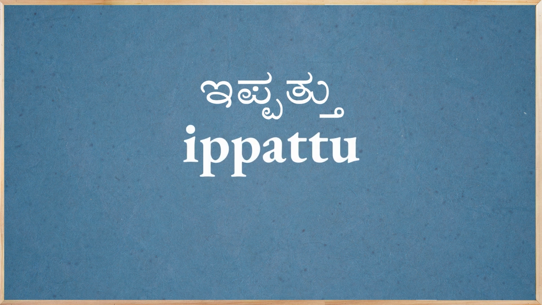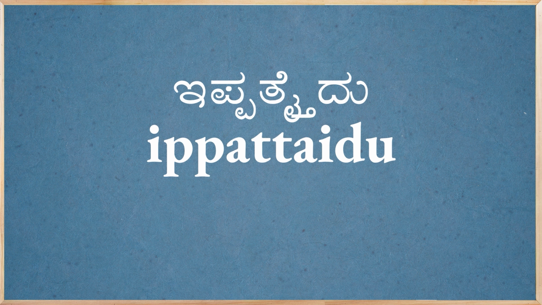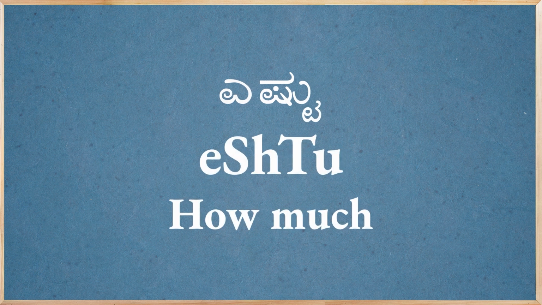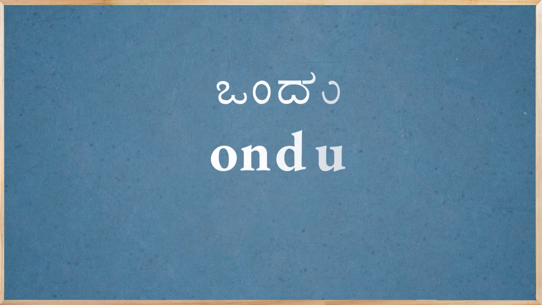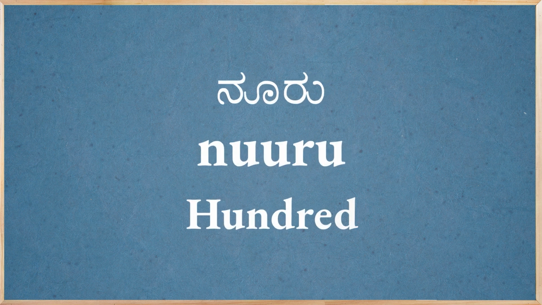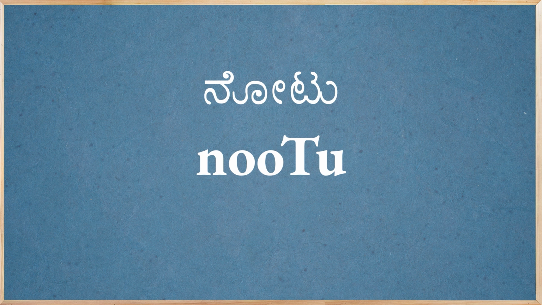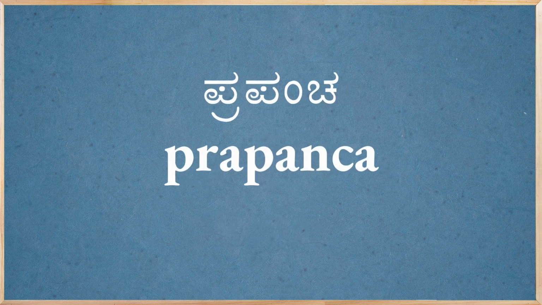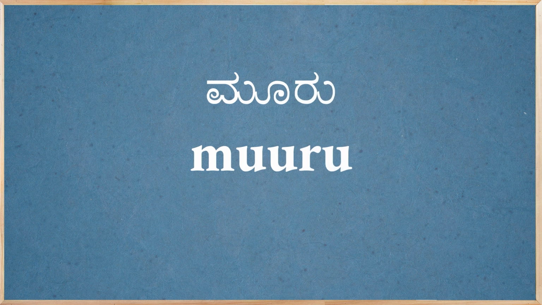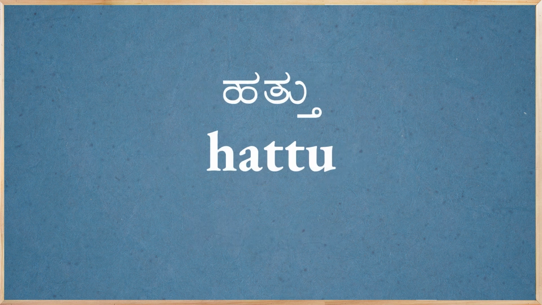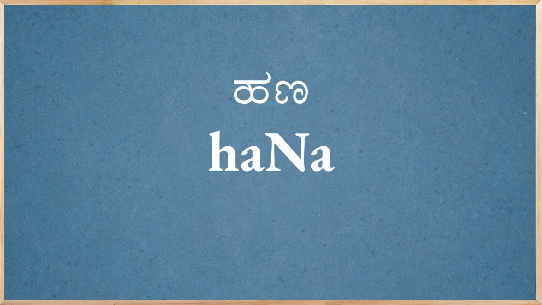Ippattu, 20, Ippataidu, 25, Yeradu, 2, ಎಷ್ಟು how much? 5, 50, 50, 1, ಚಿಲ್ಲರೆ, change, 100, note or currency, paisa, paise, prapancha, world, ಮೂರು, 3, ರೂಪಾಯಿ, rupee, 10, ಹಣ, money.